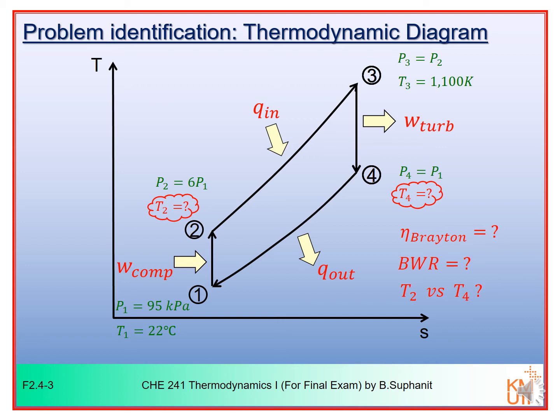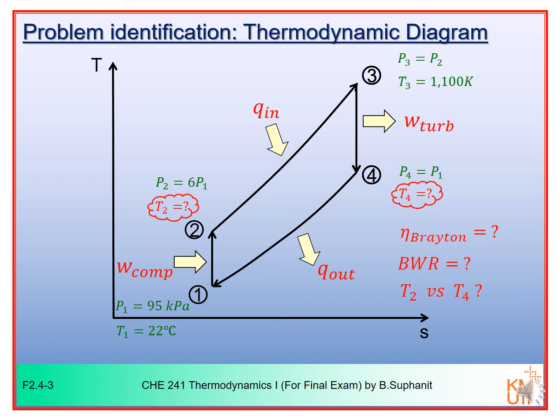We have to develop some equations such as mass and energy balances or thermodynamics relationships, which relate between our input and known variables and the unknowns that we want to determine.